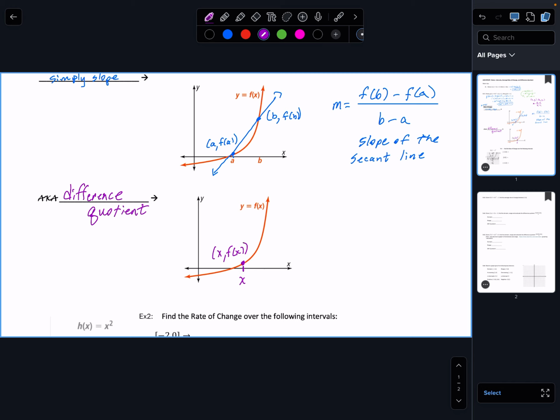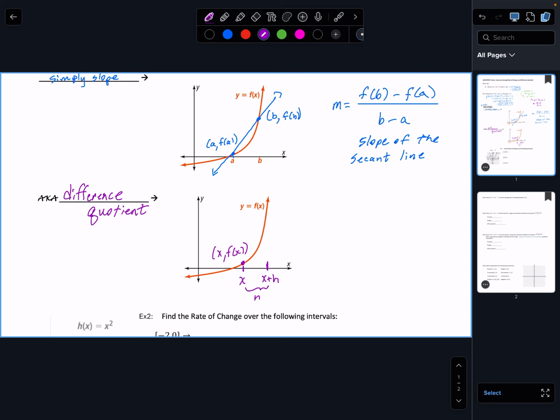But we're going to do a different way of finding the second point. We are going to go h units to the right of x. And this process allows us to use the limiting process in calculus that makes it a little easier. So we're building a skill that you're going to use in calculus. So that next point is going to be h units to the right of x.